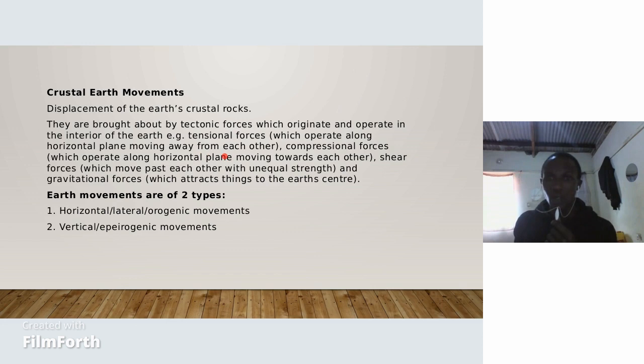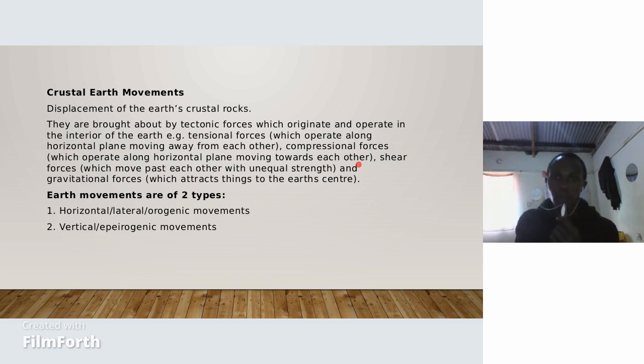Another one is compressional forces which operate along the horizontal plane moving towards each other. And our third one is shear forces which move past each other with equal strength. Also, you have an additional gravitational force which attracts things to the center of the earth.